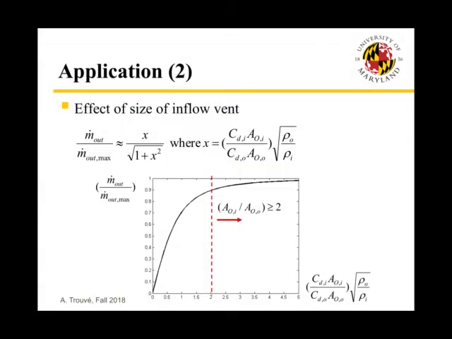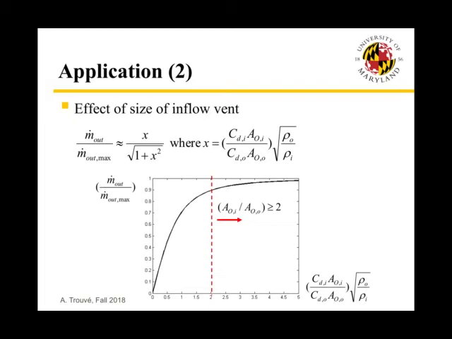All right, so to make that case a little bit more understandable, here we are going to plot the ratio m dot out divided by m dot out max, obtained for a very large lower vent, as a function of the ratio of the surface area of the inflow vent and outflow vent times square root of rho O divided by rho I. On the x-axis, the expression I'm plotting here, this x, is actually unnecessarily complex.